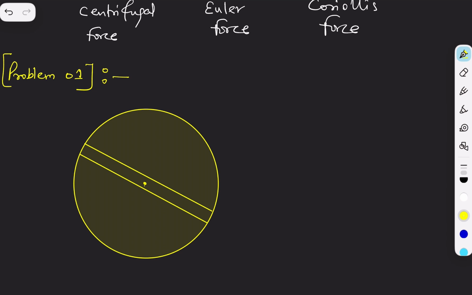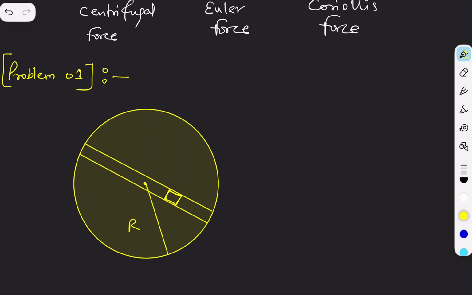The radius of this disk we can take as r, and there is a particle, or a body, which has been just placed, just touching the groove walls.